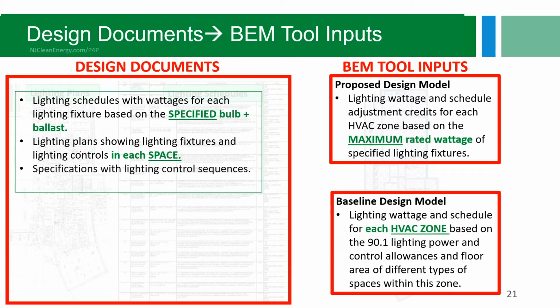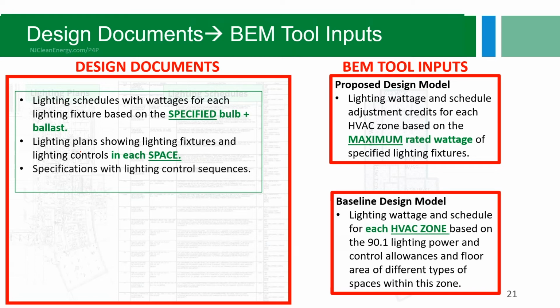So in terms of the BEM tool inputs for the proposed design, we've got to calculate from this information in the design docs the lighting wattage and any potential lighting schedule adjustment credits for each HVAC zone, not space, not architectural space, each HVAC zone. And that has to be based on the maximum rated wattage of those specified lighting fixtures.